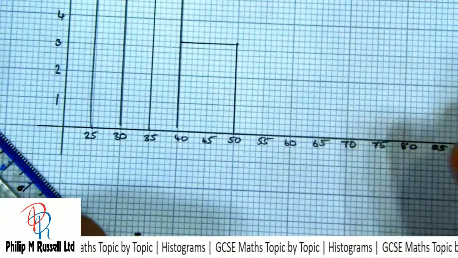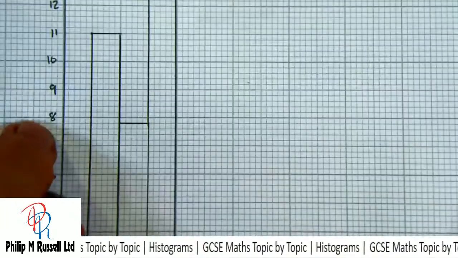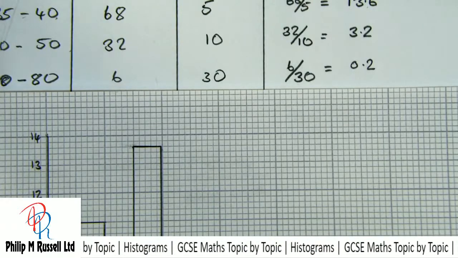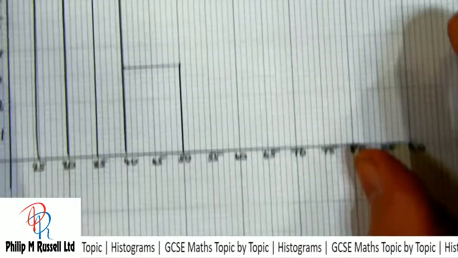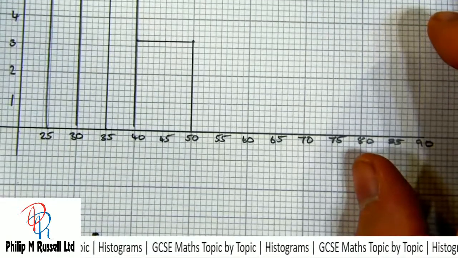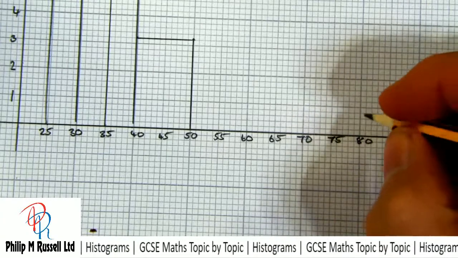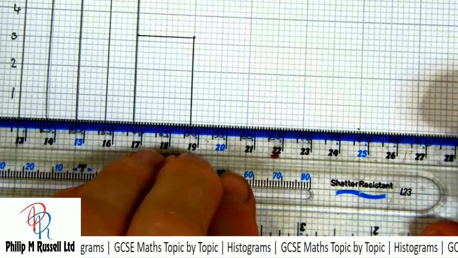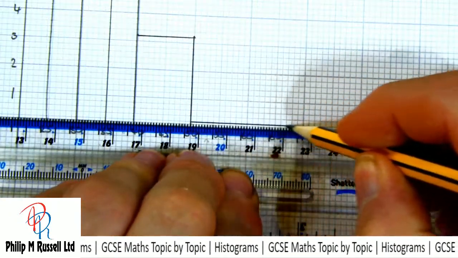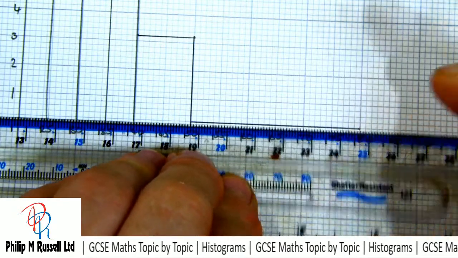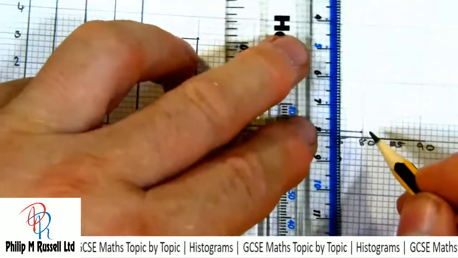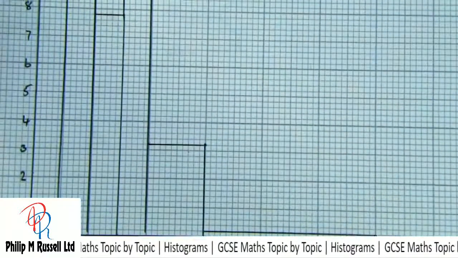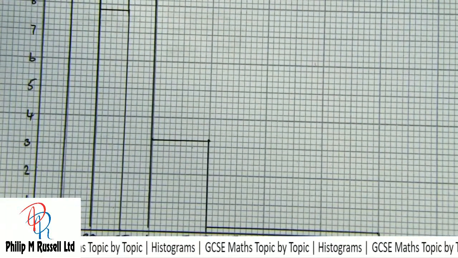And the last one is 0.2, very low amount, and this time a class width of 30. So we're going to go only this small amount up. And we'll finish it off. So there is my completed bar chart.